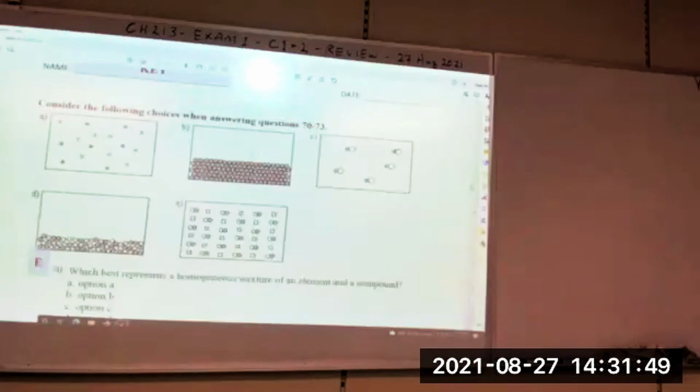Solids are going to have a single colored dot or square, right? So actually, there's only one that fits, this one right here. But also, it's a solid because everything's very close together, regularly spaced, everything's locked in place. That's a solid.